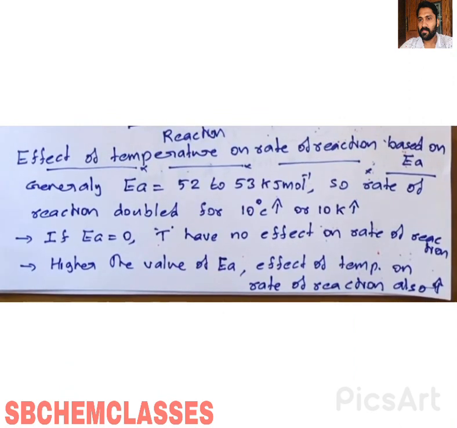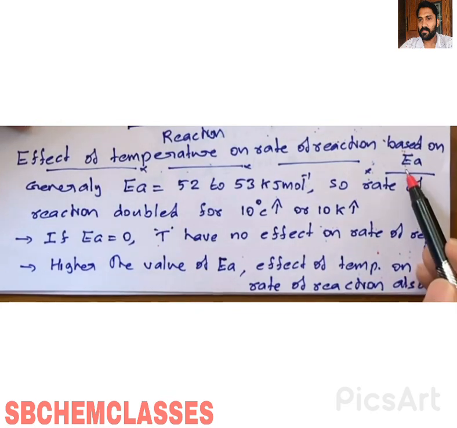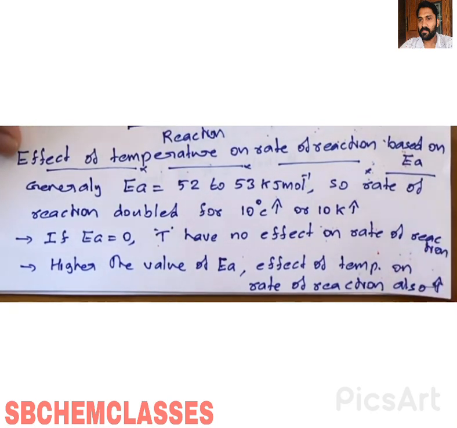Now we have to check the effect of temperature on rate of reaction based on the Ea value. Generally, the activation energy of a reaction will be in the range 52 to 53 kilojoule per mole. So, the rate of reaction will be doubled for every 10 degrees Celsius increase or 10 Kelvin increase.